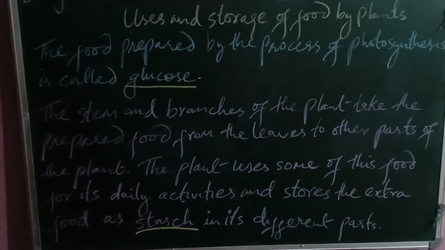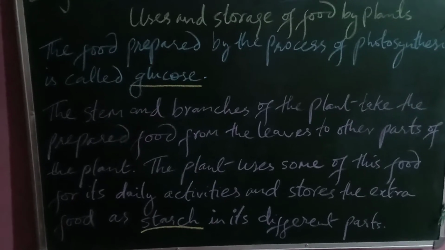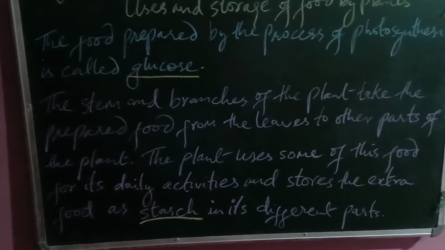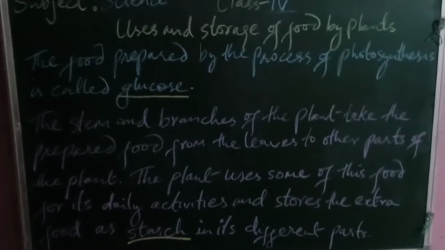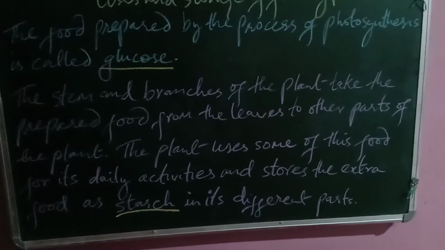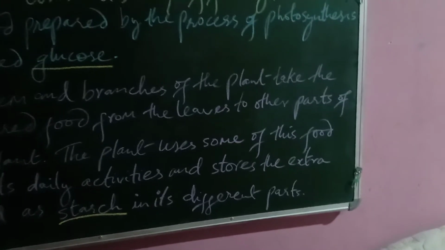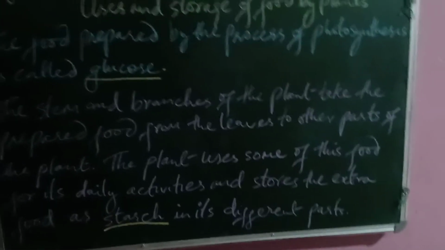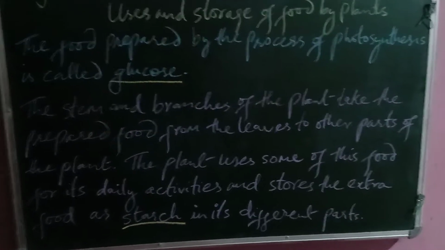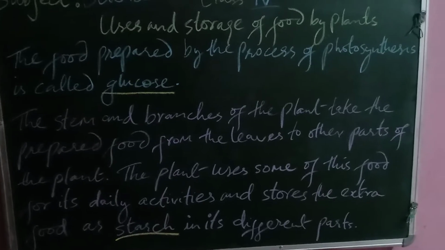So they utilize that food for their daily activities and store the extra food which has been left as starch. Starch is the area where the plant stores its food, in its different parts.